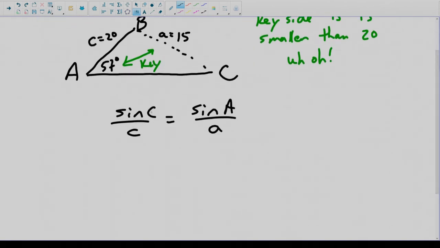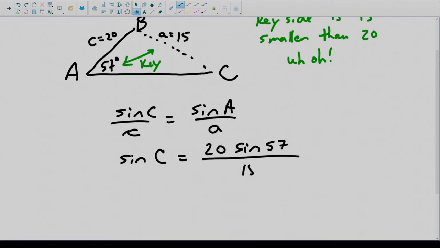And then we would isolate for big C. So we would have sine of big C equals, and now we could start putting our numbers in. So little c is going to go up here and multiply the sine A. So little c is 20. So 20 times sine of 57 divided by little a, which is 15.